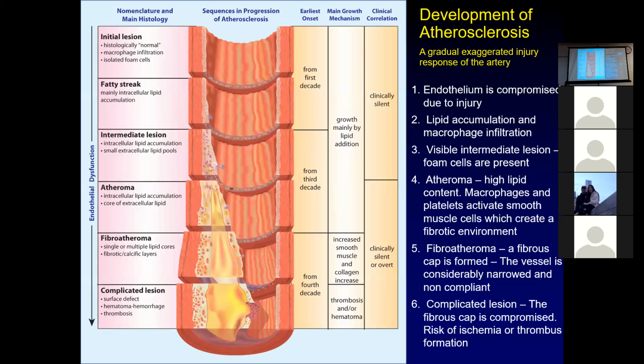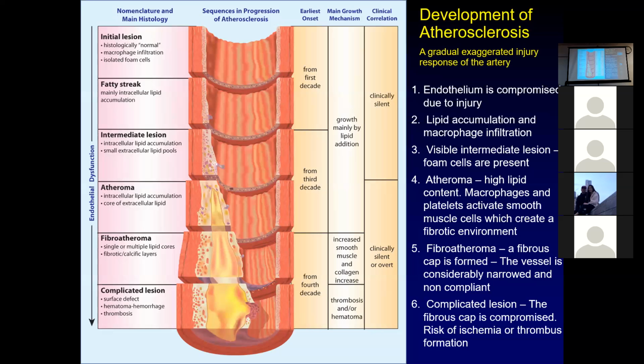From your first decade, so before you're like 10, you may begin having some of these things. Most people aren't going to get these intermediate lesions or these atheromas until maybe their third decade of life, so by the end of your 20s, okay? And then once you're into your fourth decade, basically your 30s and your 40s, you may begin to see these kinds of things, okay?